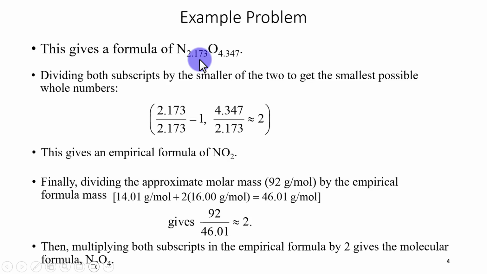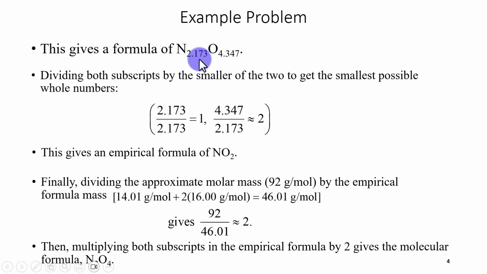To do that, looking at this many moles of nitrogen and this many moles of oxygen, how do I simplify this? Well, I find the smallest coefficient out of these two, or out of three if I had another element over here with its own coefficient. And I divide every subscript by that number.